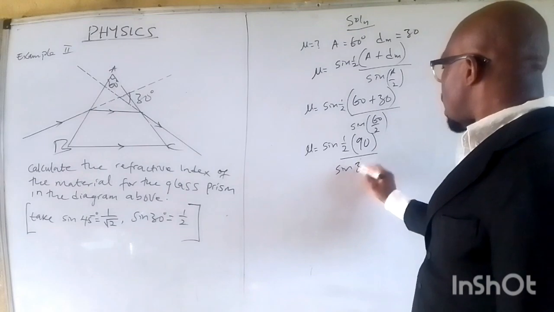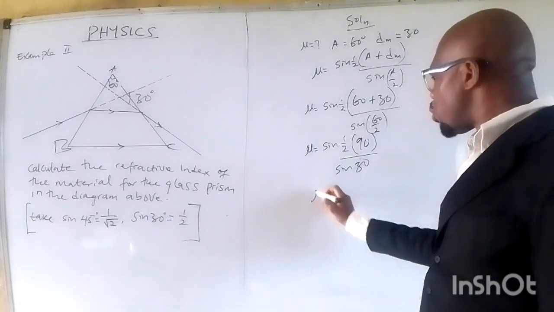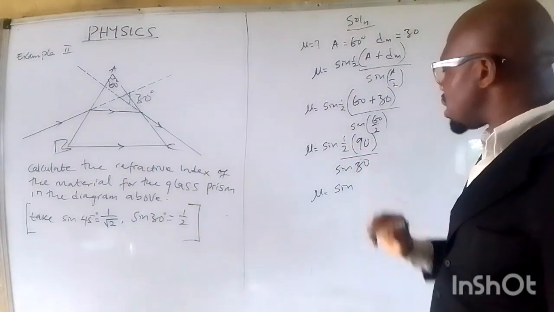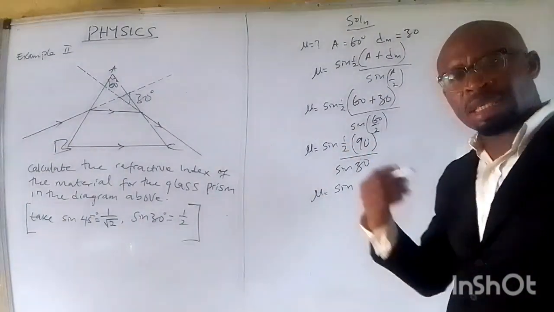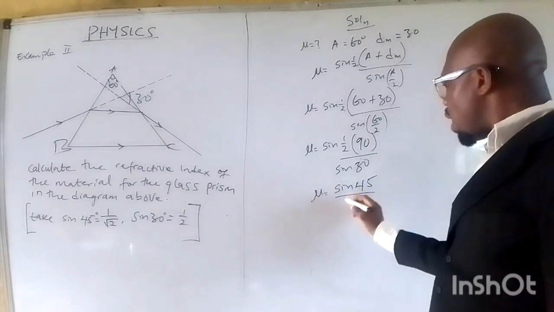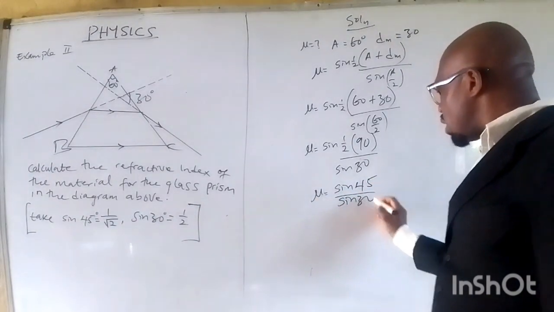This one is sine 30. And of course, mu will give us sine half times 90, which is 45, all over sine 30 at this point.